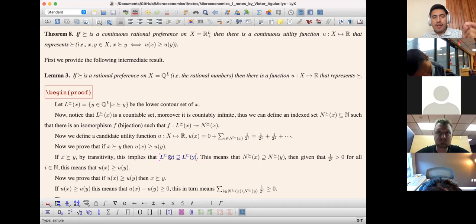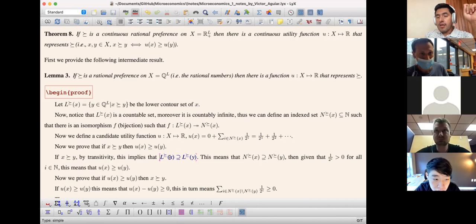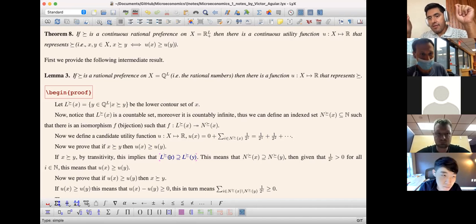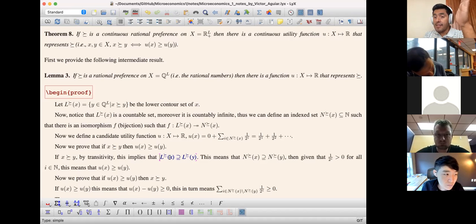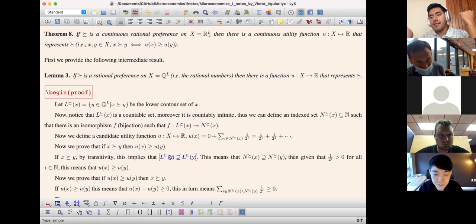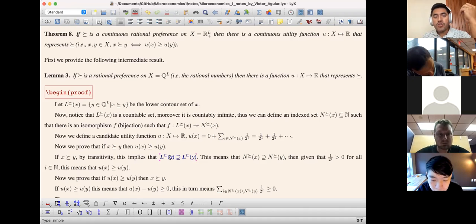Basically, if I take an element in the lower contour set of x, then x is better than such an element. The second piece of information is that x is better than y. Putting this together, this element is also in the lower contour set of y, by transitivity. So any element that is in the left-hand side set is also in the right-hand side set, giving me the superset relation.